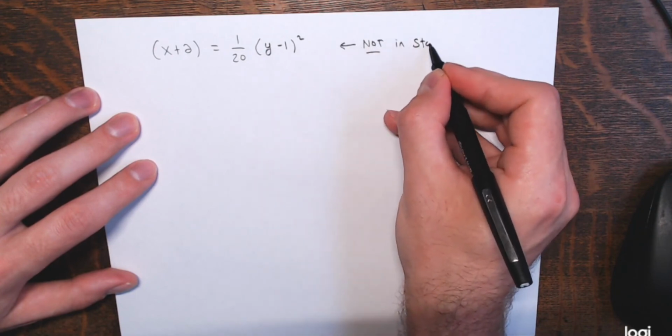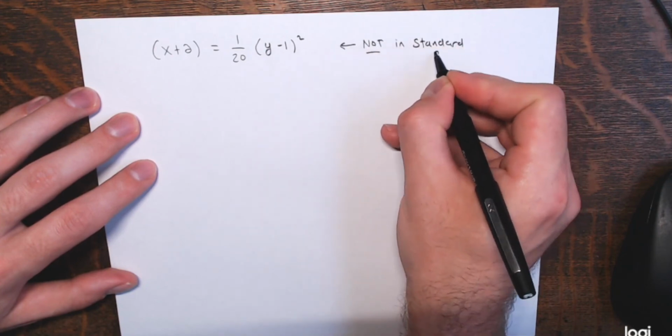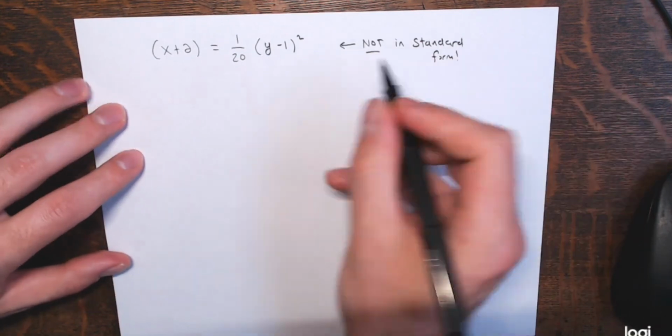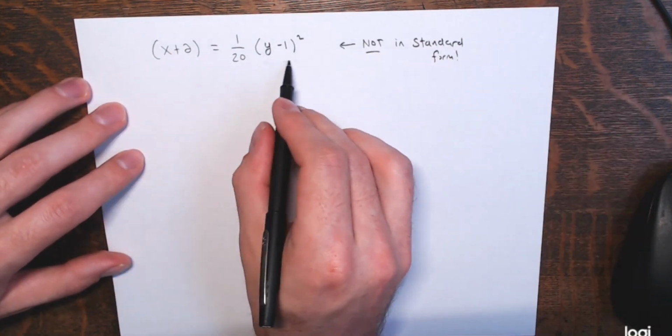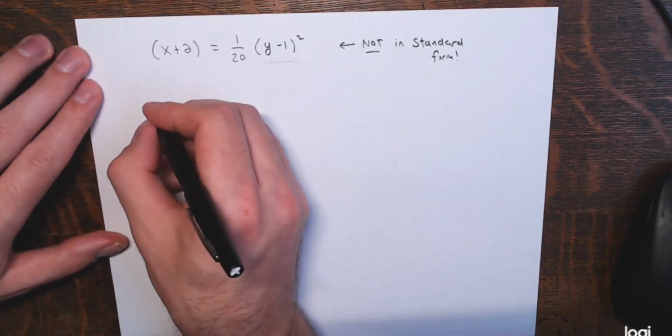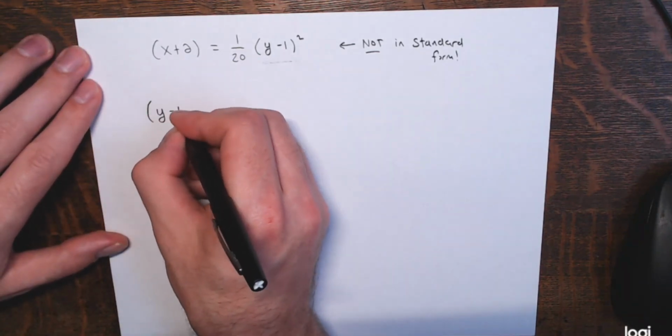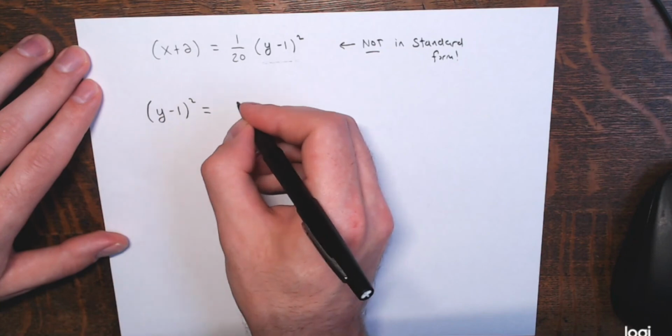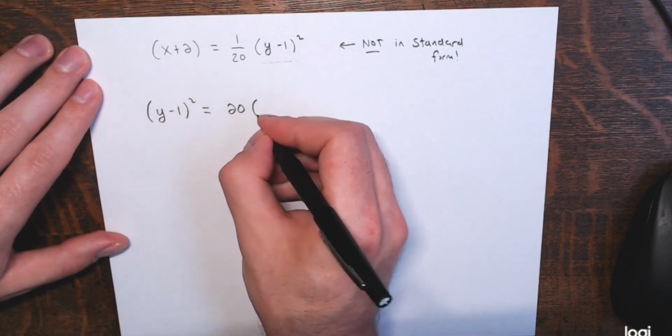The way it looks right now, but we can very easily get it into standard form by simply multiplying by 20. Get the square alone, that (y - 1)², so then you'd have (y - 1)² = 20(x + 2).